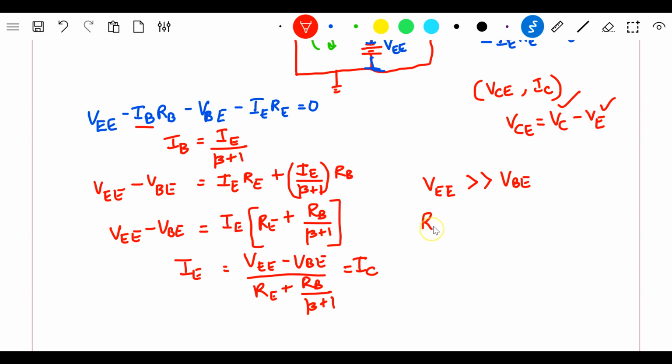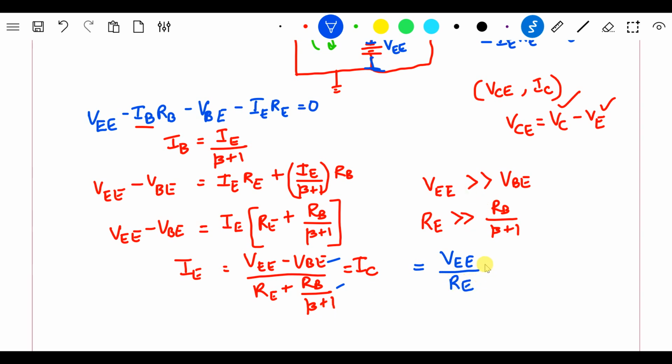And my RE should be very much greater than RB by beta plus 1. With these two conditions, I can make IC independent of the temperature increment. So in this case, when VEE is very great compared to VB, I can say it is just VEE divided by RE, approximating the denominator as RE.